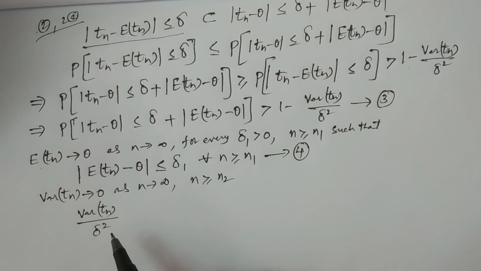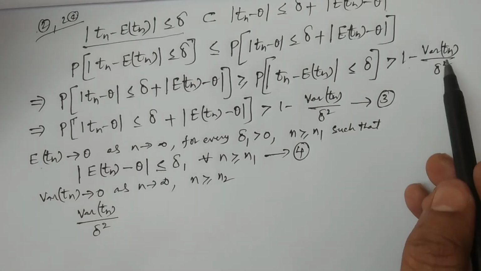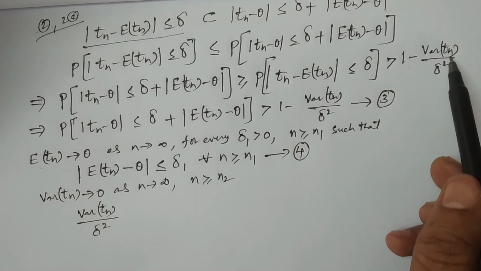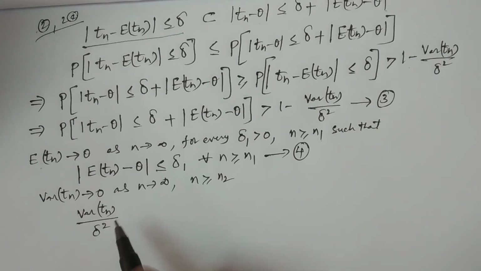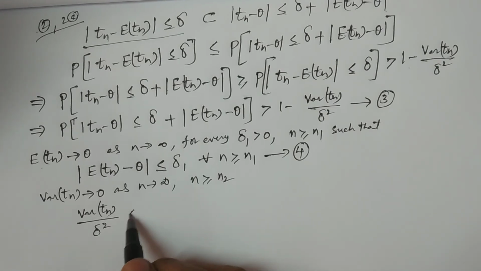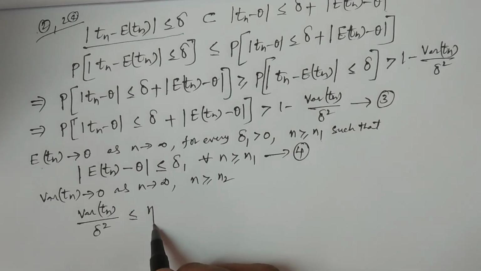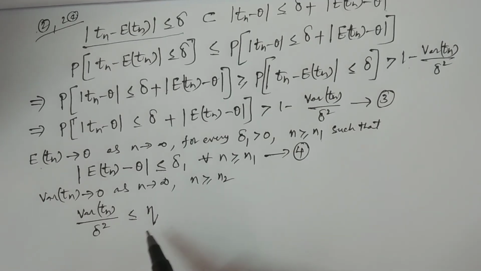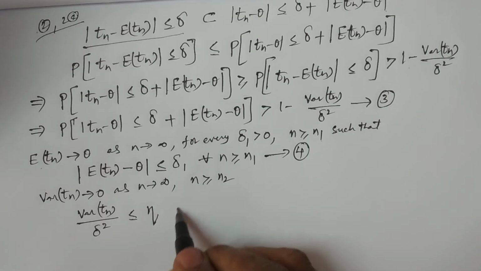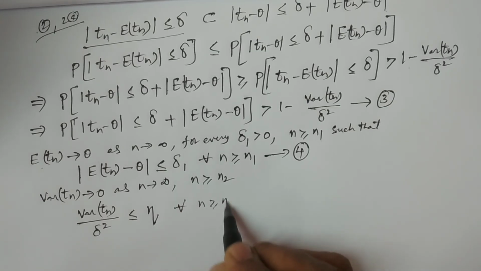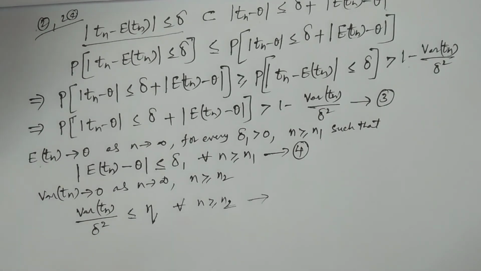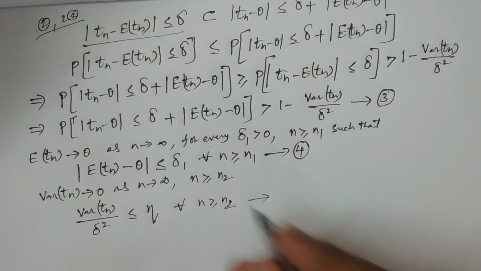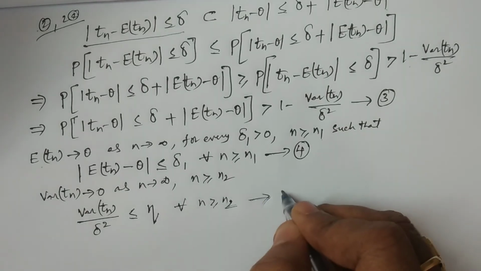If the variance tends to 0, and you divide it by a small positive quantity delta square, it is always less than or equal to one small positive quantity, which I am considering as eta, for all n greater than or equal to n2. Let us consider this as equation number 5.